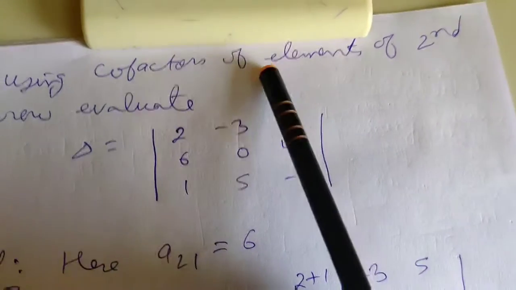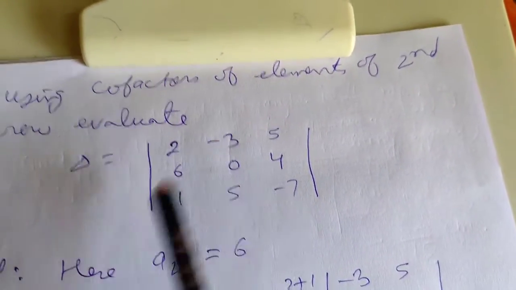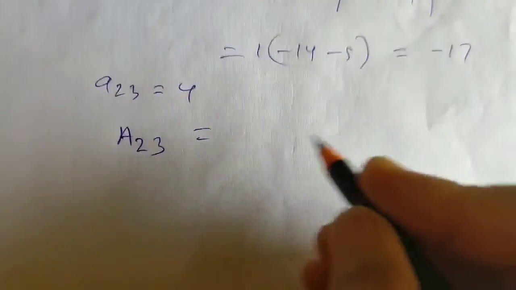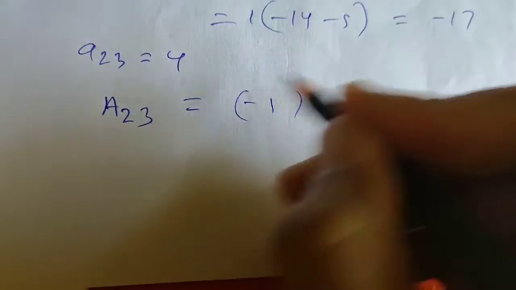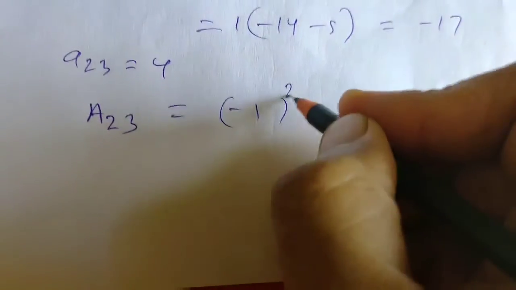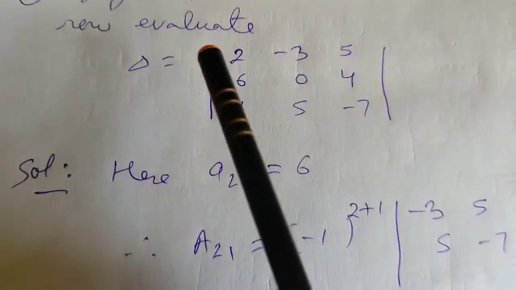Cancelling out row 2 and column 3, what we get is 2, minus 3, 1, 5. For that determinant, you have to write minus 1 every time, raised to the sum of these two, 2 plus 3, and the determinant.